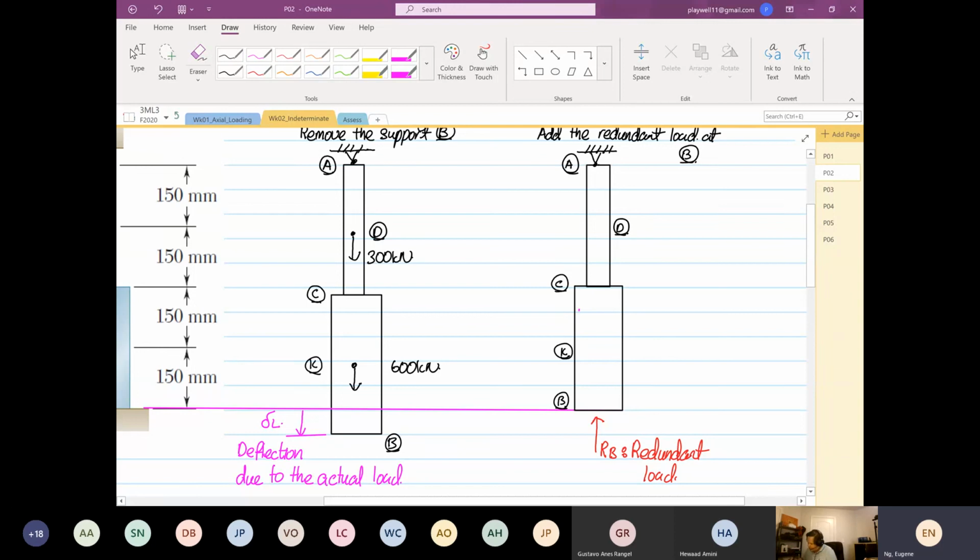And what you realize is there's only the redundant load. At this stage, we don't need to consider the 300, and we don't need to consider the 600.